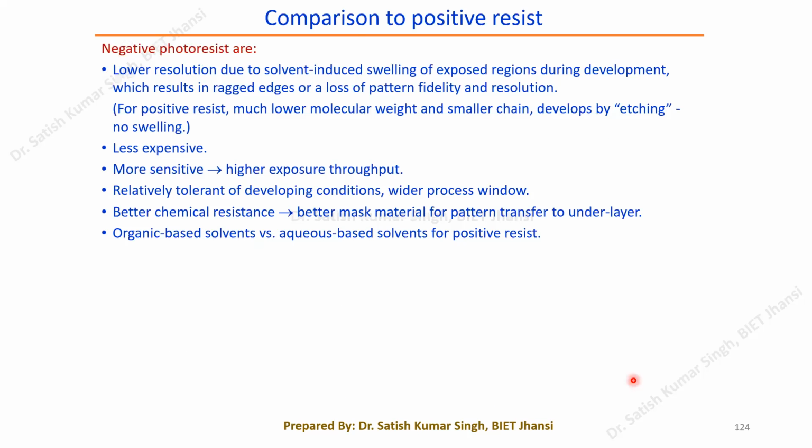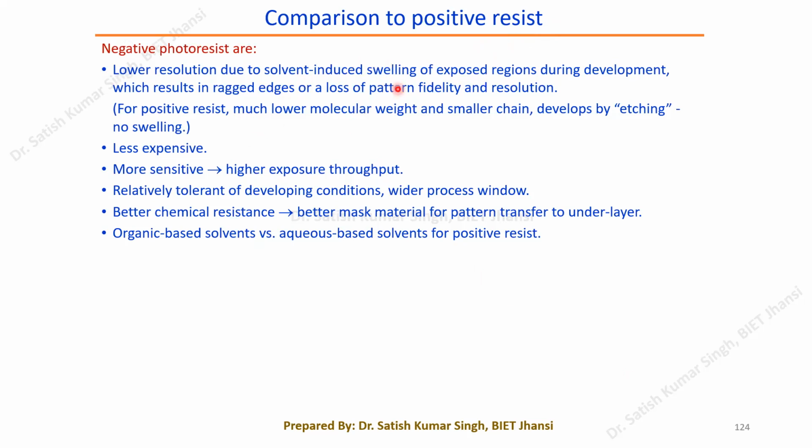Now let's look at the comparison between the two. The negative photoresist has lower resolution compared to the positive photoresist, basically because of swelling in the solvent.